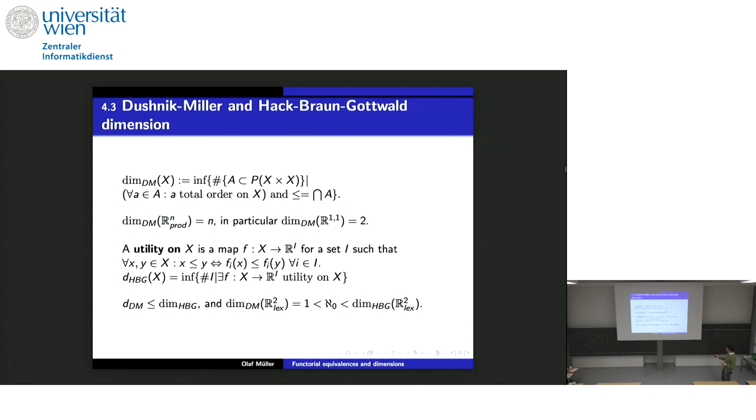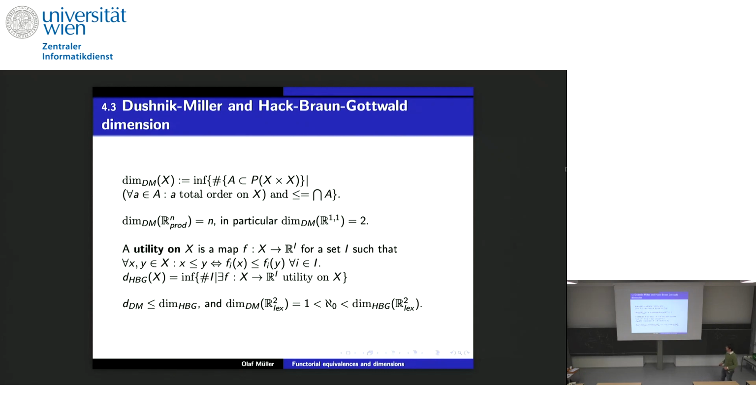It's just the infimum of the cardinality of subsets of the power set of x times x, such that this subset consists of total orders on x only, and their intersection is the given order. The given order is not total, but it can be represented as some intersection of total orders.